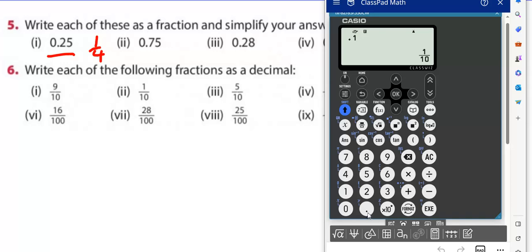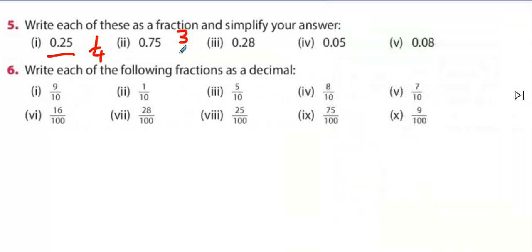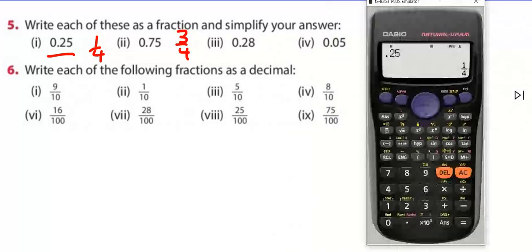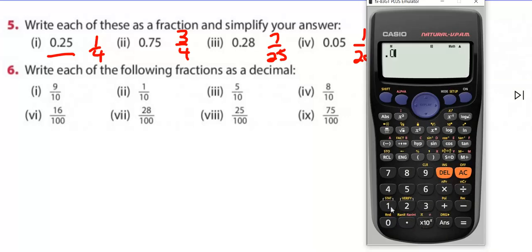You press 0.75, you press equals, and the answer is 3/4, isn't it? And then 0.28, for those who's on the old calculator, 7/25, 1/20. I don't know if the last one is 2/25, is it? All right.